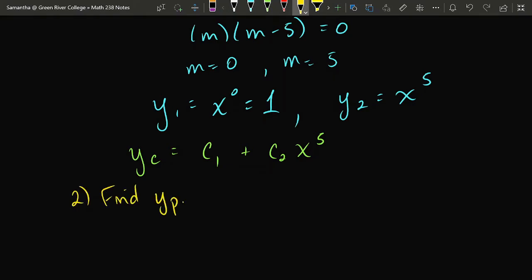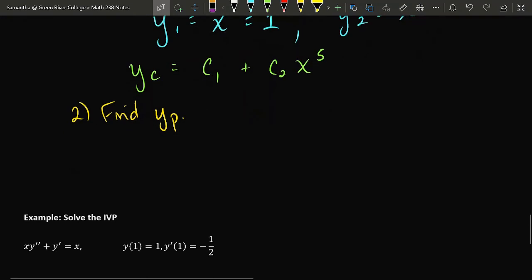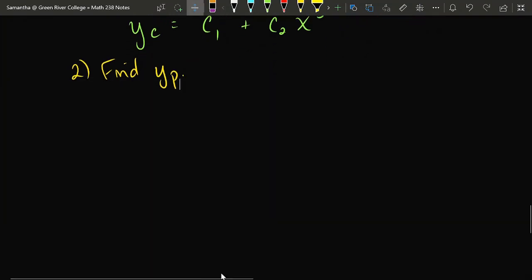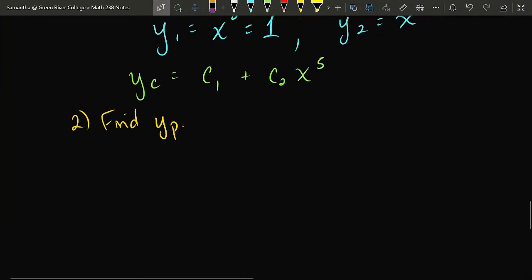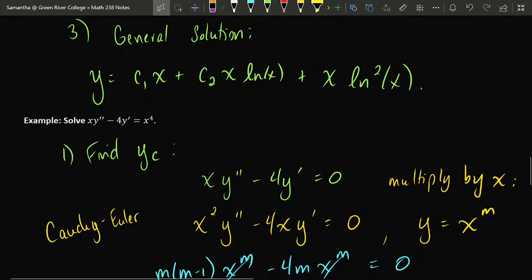And again, since we have a differential equation which does not have constant coefficients, variation of parameters is our only choice. So going back up to our original ODE, currently y double prime does not stand alone.